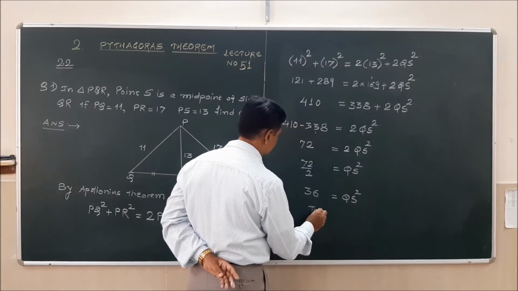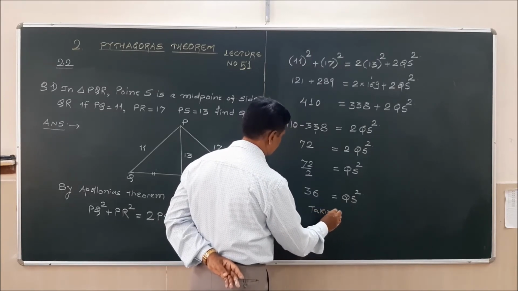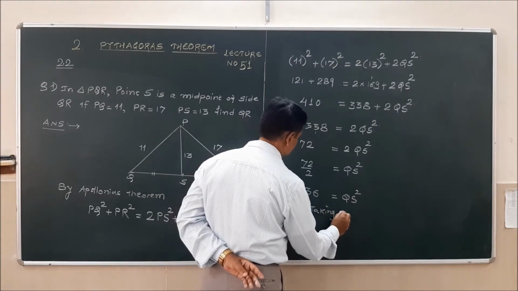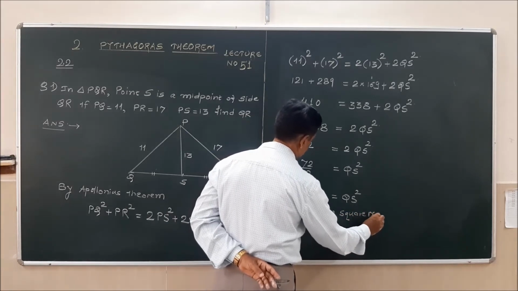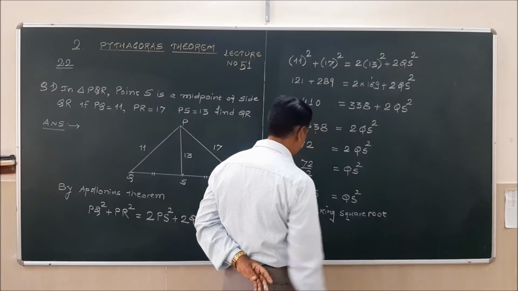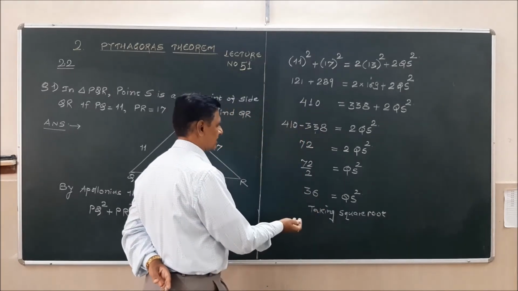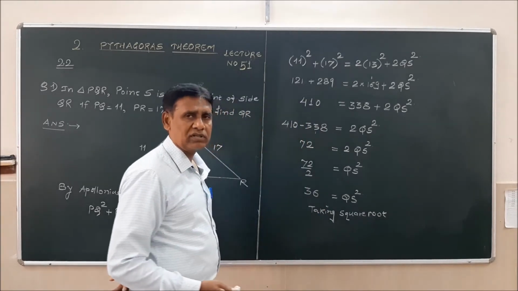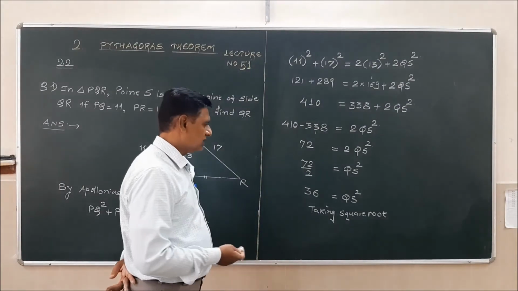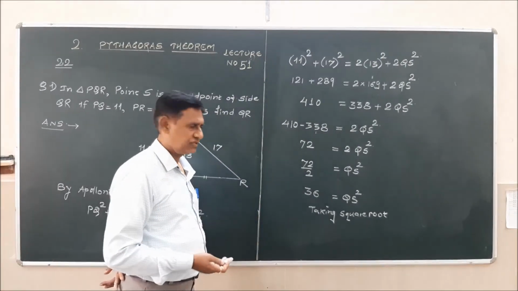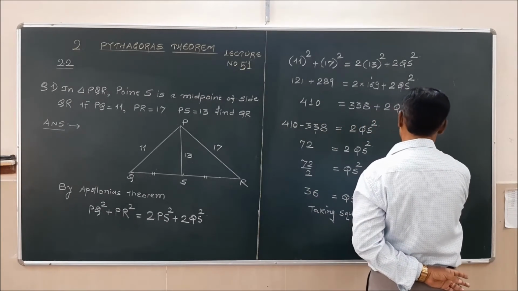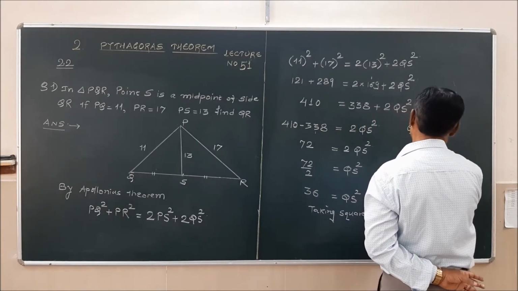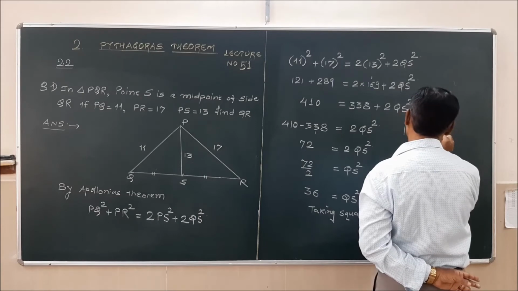Taking square root. If you take square root from both sides, it is very simple to understand. 36 is the square of 6. So QS is 6. But the question is not to find out QS.